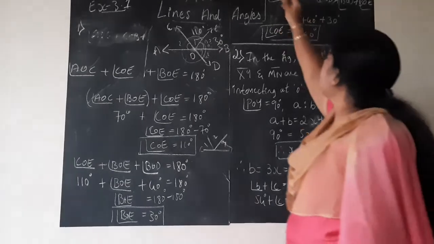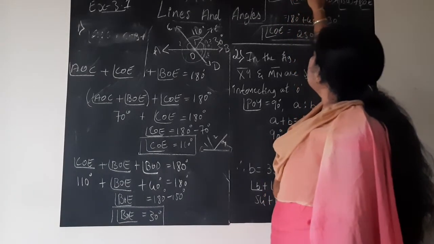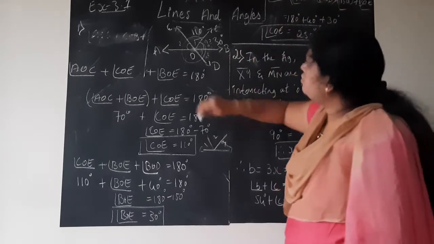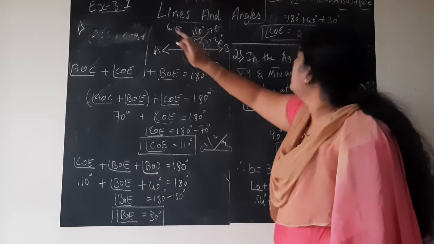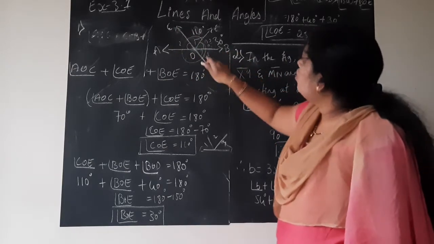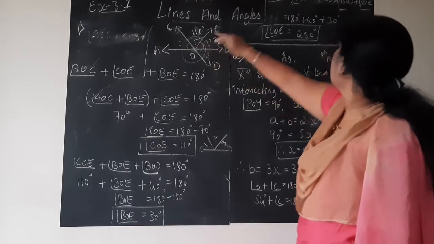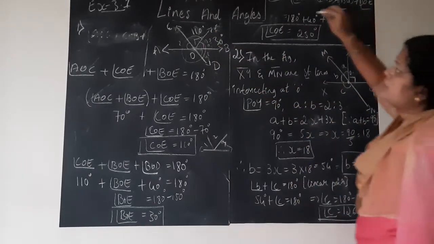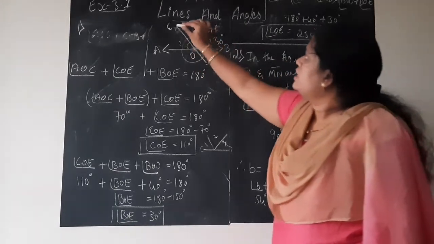If you want to write one word, reflex angle COE is equal to the sum of AOC plus AOD plus DOB plus BOE. That is what we have written. Reflex angle COE, in this direction you go, children.